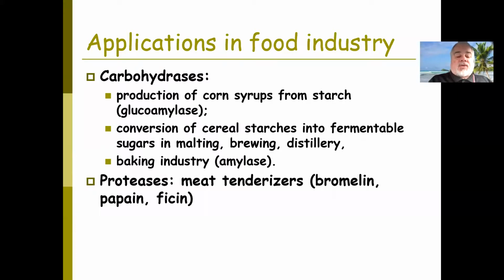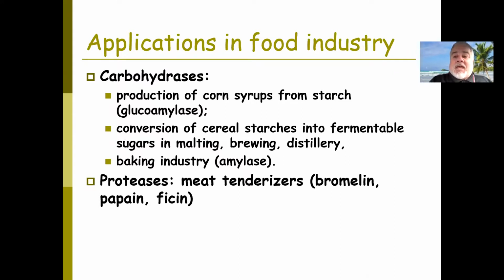Meat tenderizers, things like bromelain, papain, and ficin. Remember those words from earlier? Papain and ficin are important ingredients in some of the meat tenderizers or some of the seasonings that you might get at the store for making marinades for that steak, and these beautiful meat spice mixes.